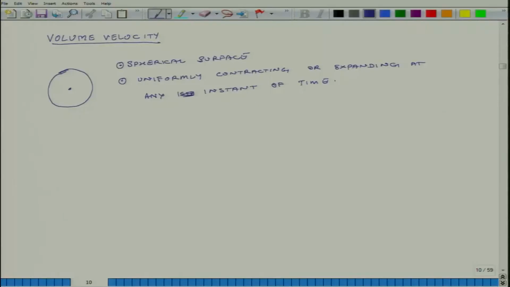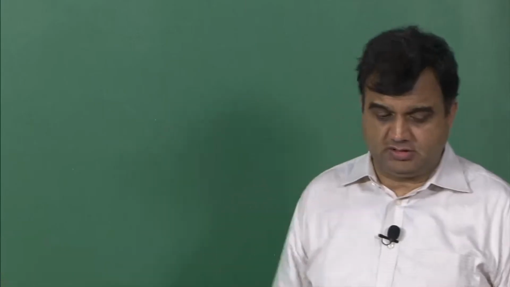So, for this type of spherical source, if I am interested in the pressure at some far distance r away, and let us assume that r is very large compared to the radius of the ball, which is r naught, then the ball appears like a small point, and I can consider it as a small point.